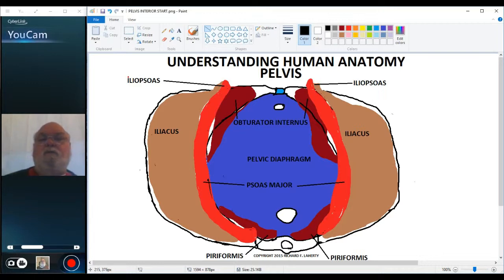All of these muscles that we've talked about, obturator internus, piriformis, iliacus, and psoas major, notice that they are actually muscles of the lower extremity. They are all inserting on the femur. They pass out of the pelvis and insert onto the femur, where they will act on the femur and on the hip joint.